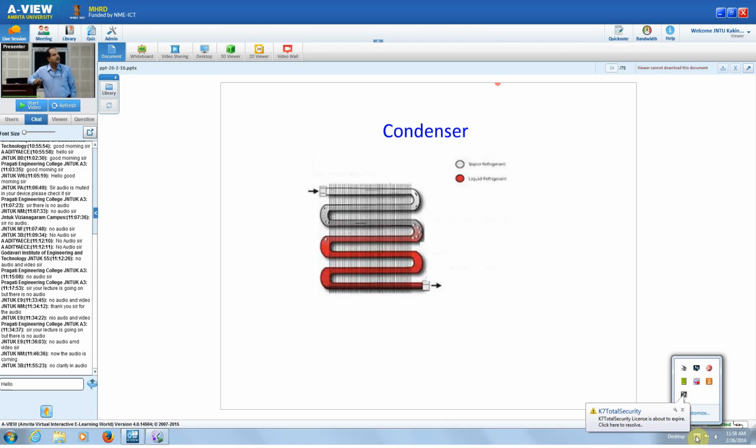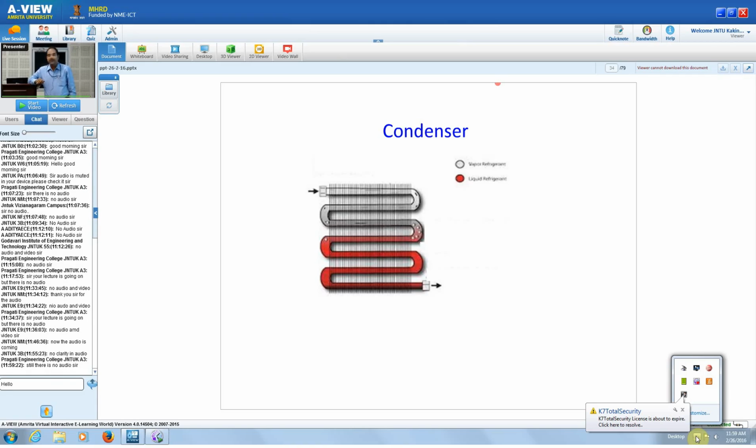Generally, this is for our domestic purpose. We are using the condenser at the back side of the refrigerator. You will see this type of small diameter lines, like wires. The red is the vapor region, and this is the liquid region. It is coming from the compressor.